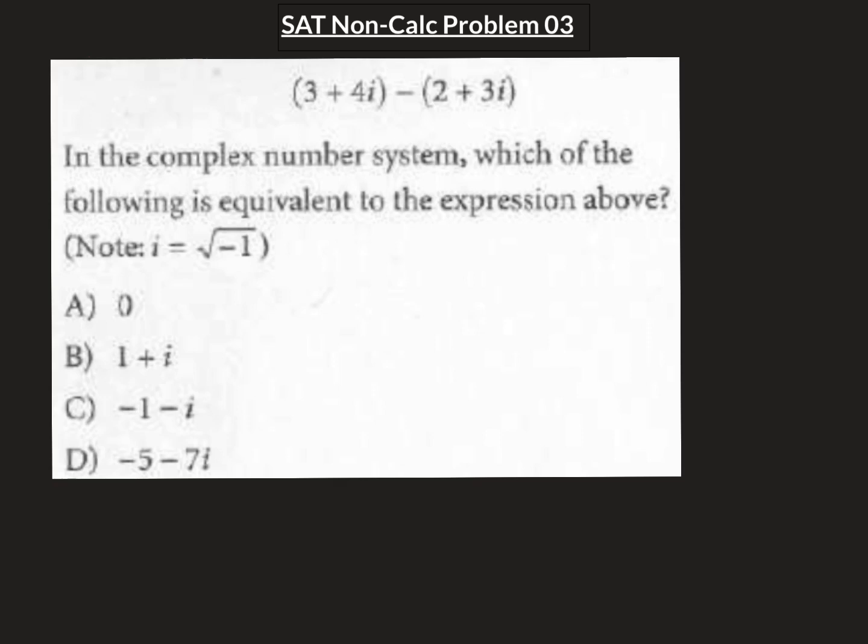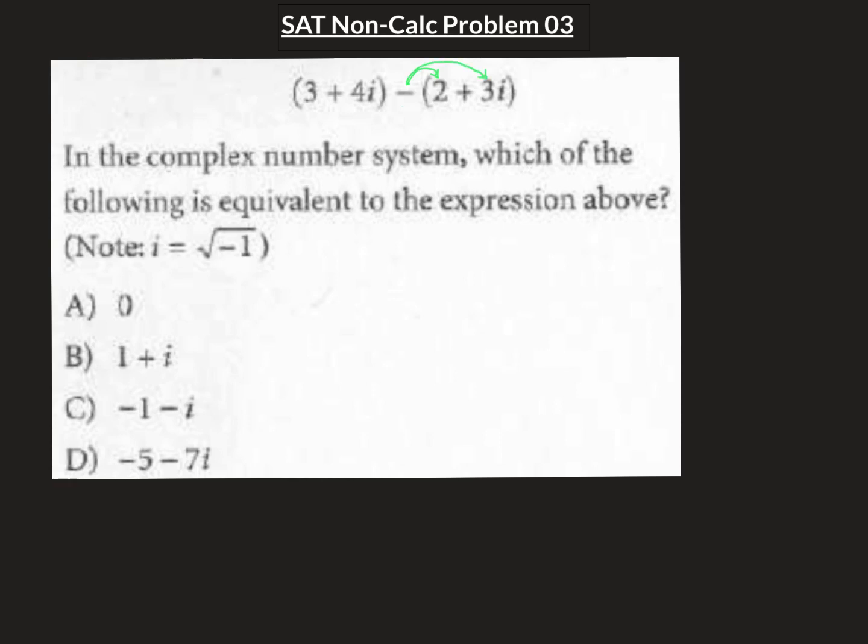This is just straight up subtraction, because we know that we're just subtracting these two separate factors. But one tricky part that a lot of students miss is that this subtraction symbol has to be distributed throughout the expression here. So it has to go onto the 2 and the 3i.